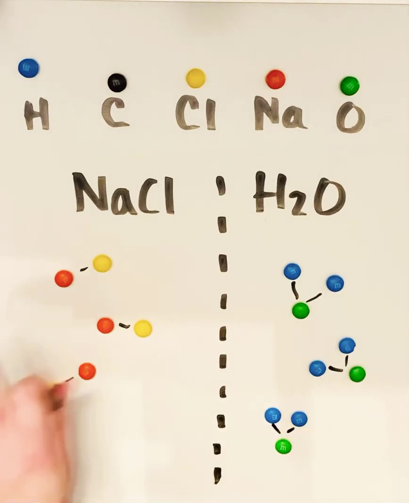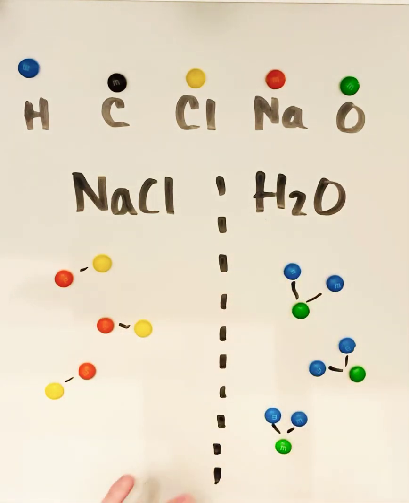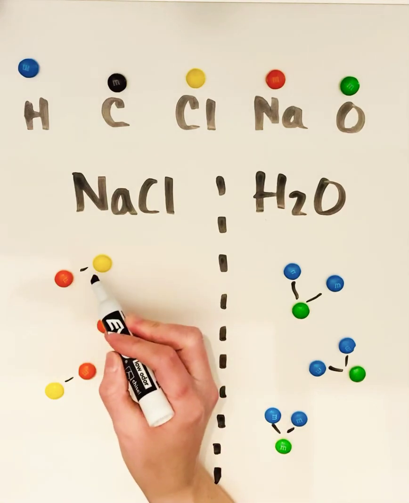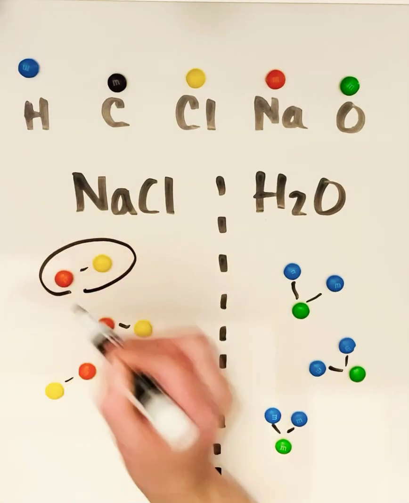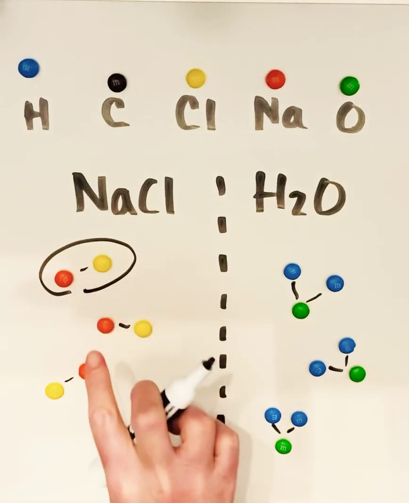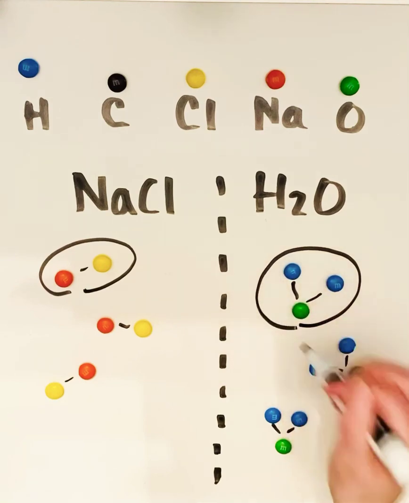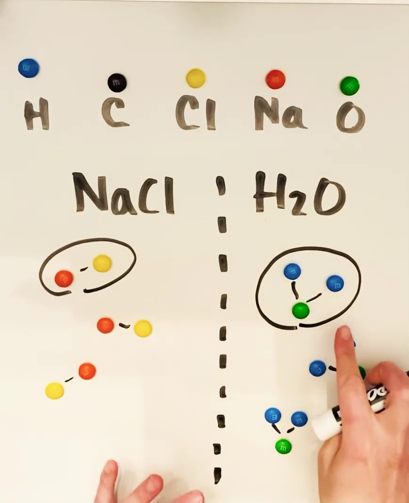So right now, this is not a mixture because I have my individual compounds of sodium chloride over here and my individual compounds of water over here. Sodium and chlorine are chemically combined to create a compound of sodium chloride. And the hydrogen and oxygen are chemically combined to create a compound of water.